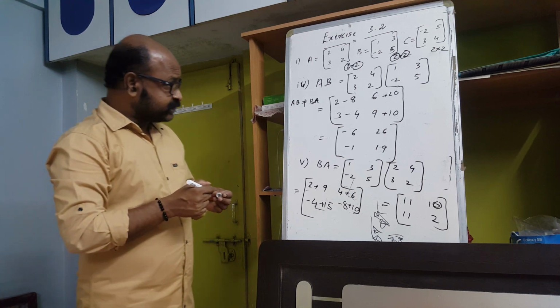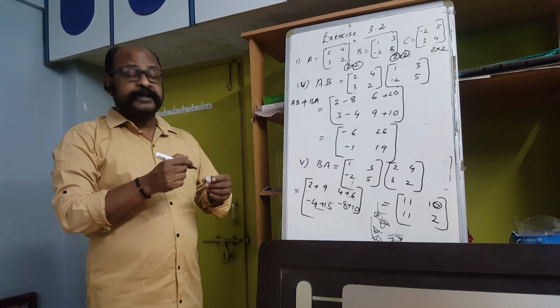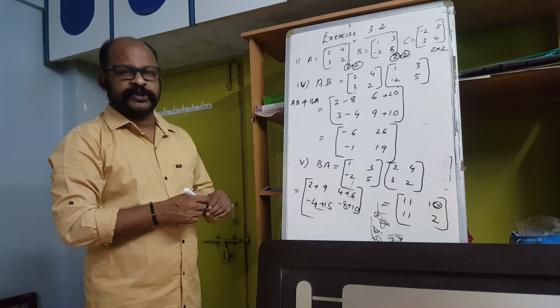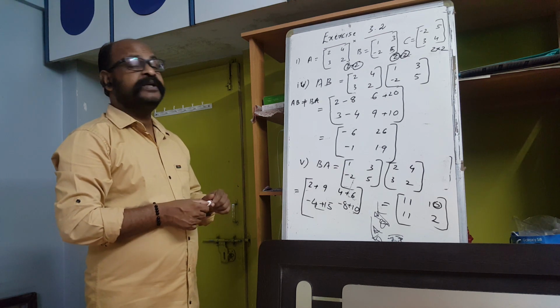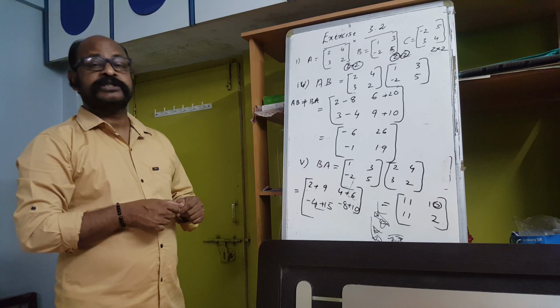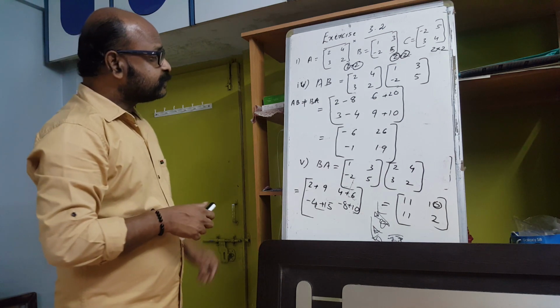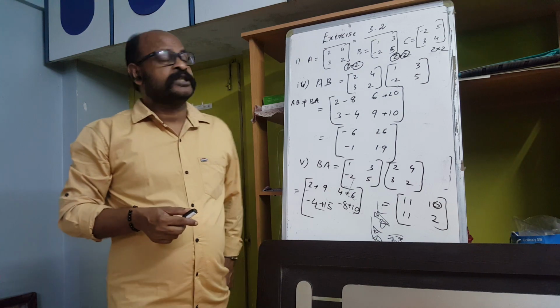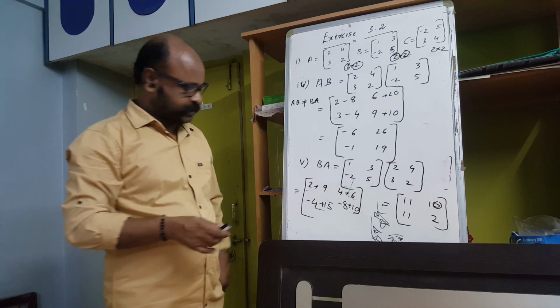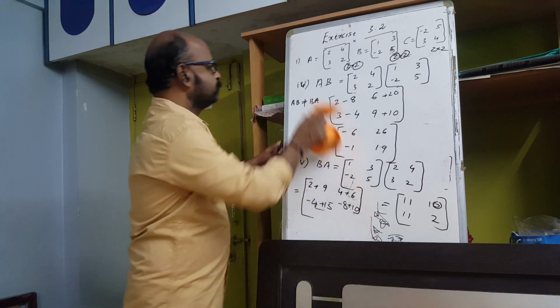So this is an example in which the products AB and BA are both possible, but they are not equal. Okay, clear? So what we have discussed is how to obtain the product of two matrices.